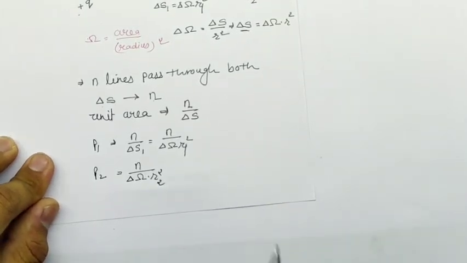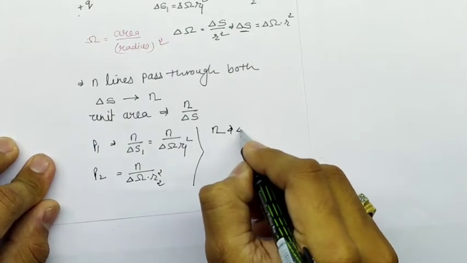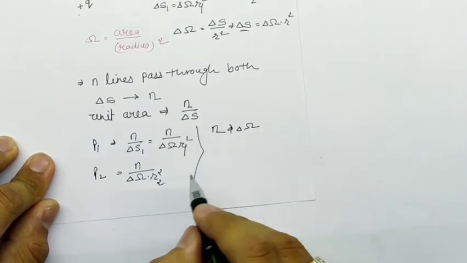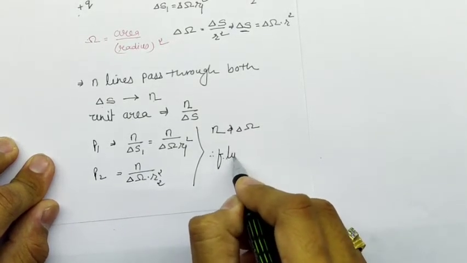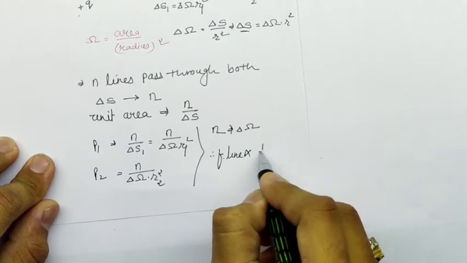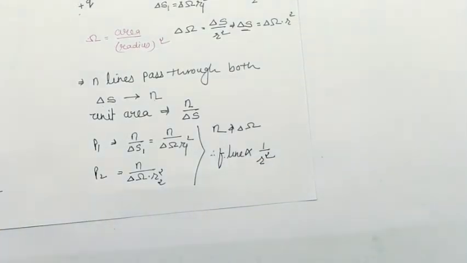For both surfaces n and sigma are constant. Therefore, the density of field lines is inversely proportional to the square of the distance.